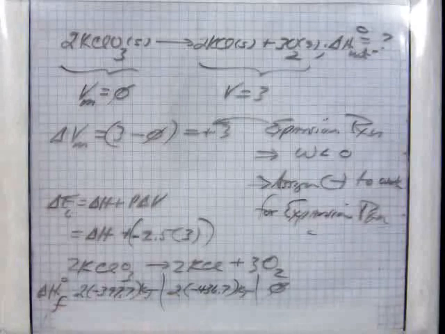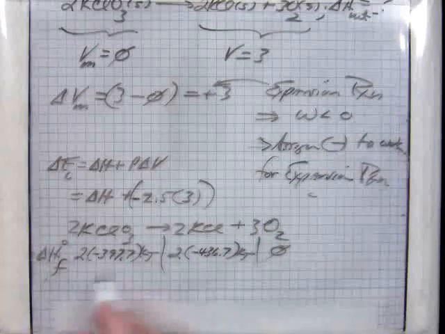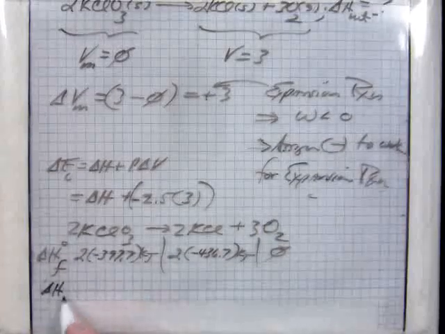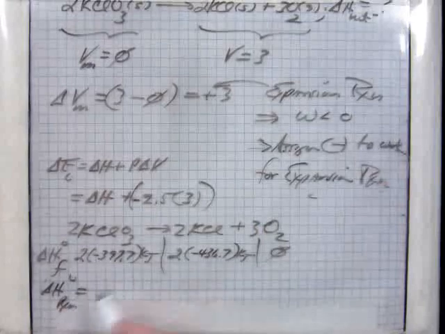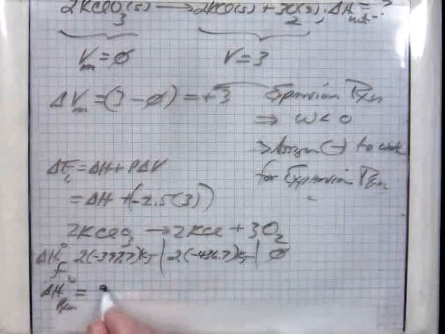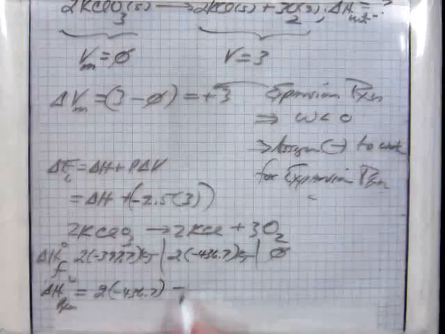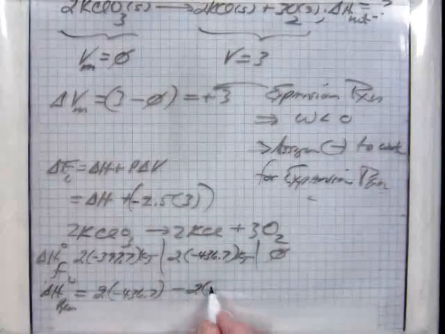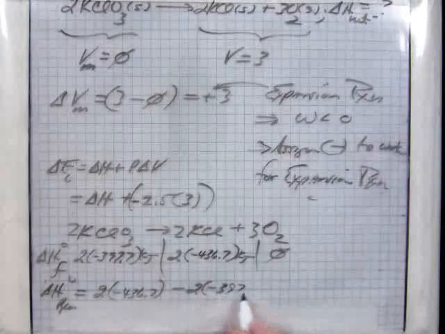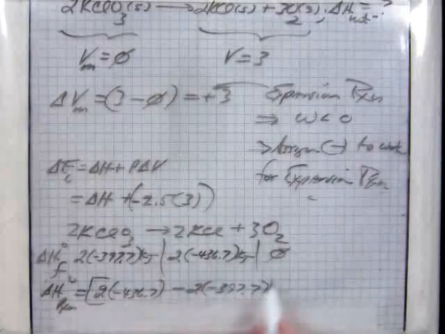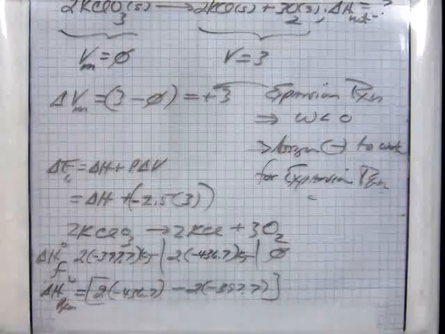So now we have that, and so delta H of our reaction is products minus reactants, so I'd have 2 times a minus 436.7 minus 2 times a minus 397.7. See, I'm applying now what we've already used.